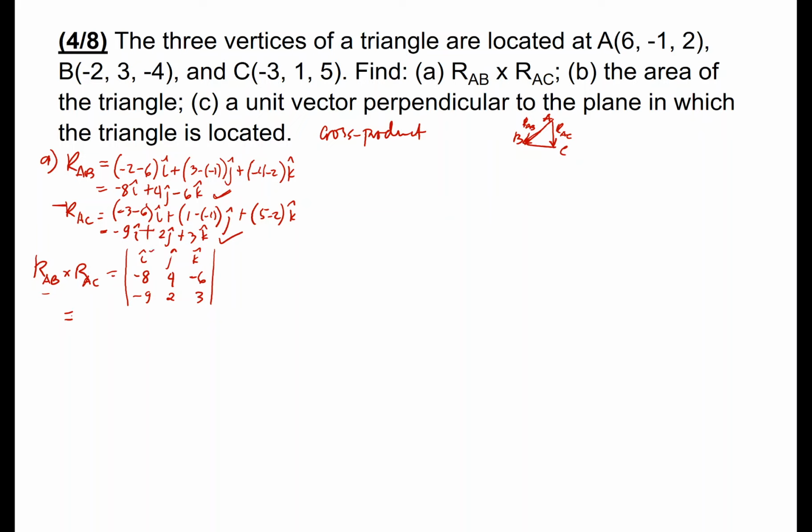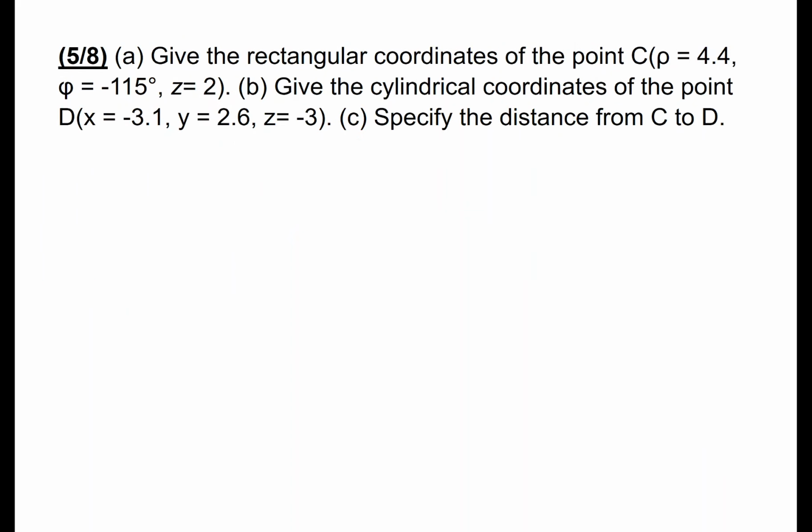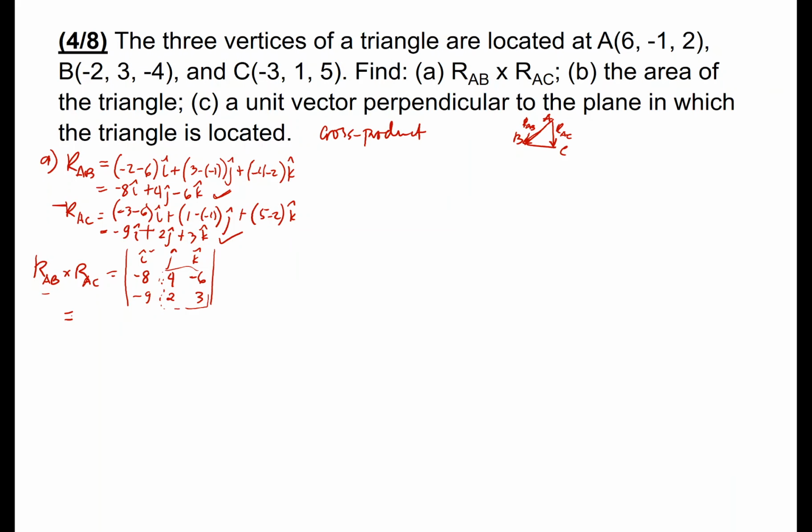When you're dealing with I, you need to take this box, the 4, 6, negative 2: this is getting the 4, 2, negative 6 and 3. You have 4, 2, negative 6 and 3. This is for your I.